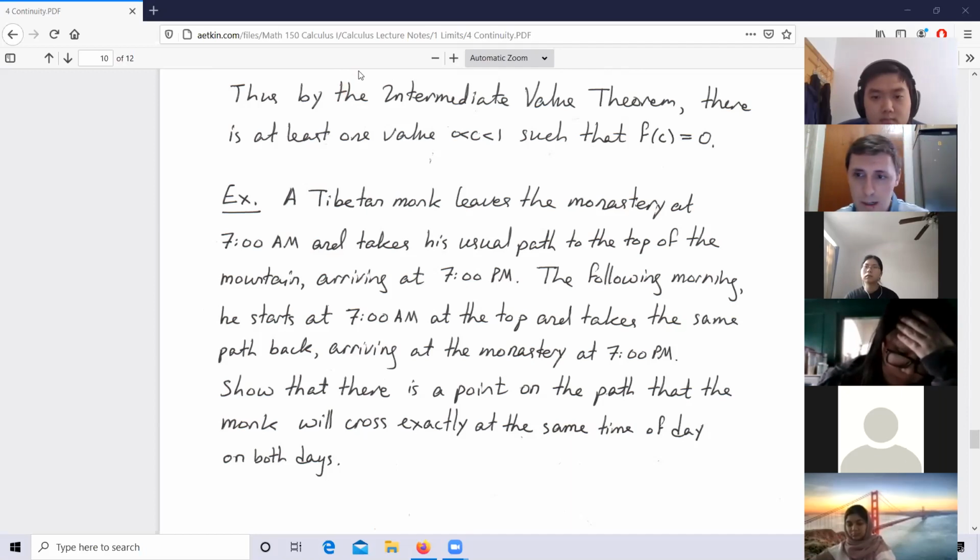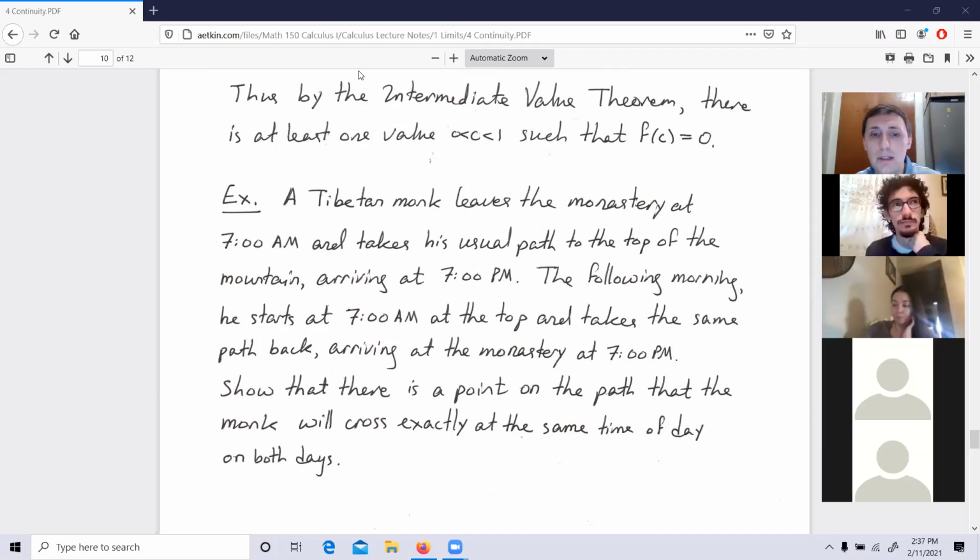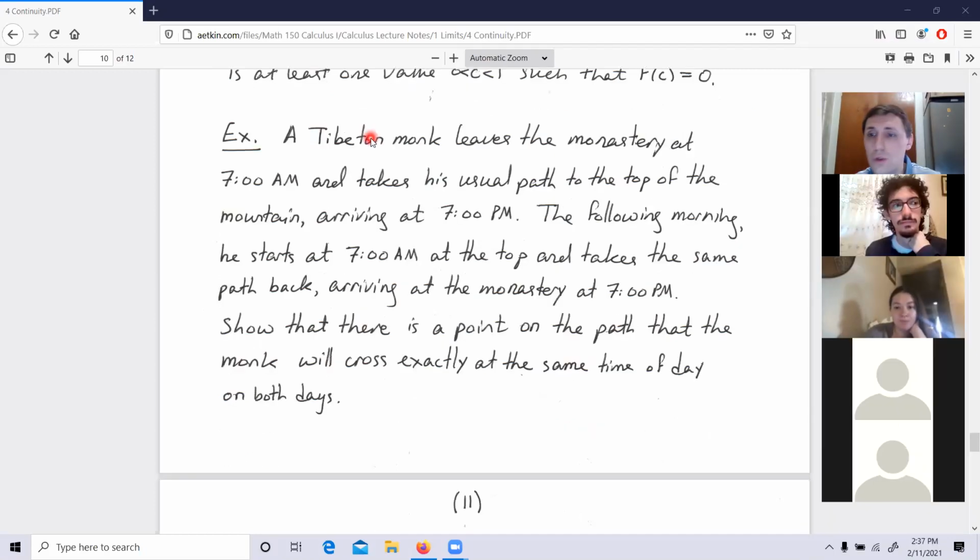You understand? The question is this, and then you play those videos side by side, and this is what you have to show. Explain or prove that there is a moment of time on day 1 and the same moment of time on day 2 where the monk is exactly in the same place on the mountain.